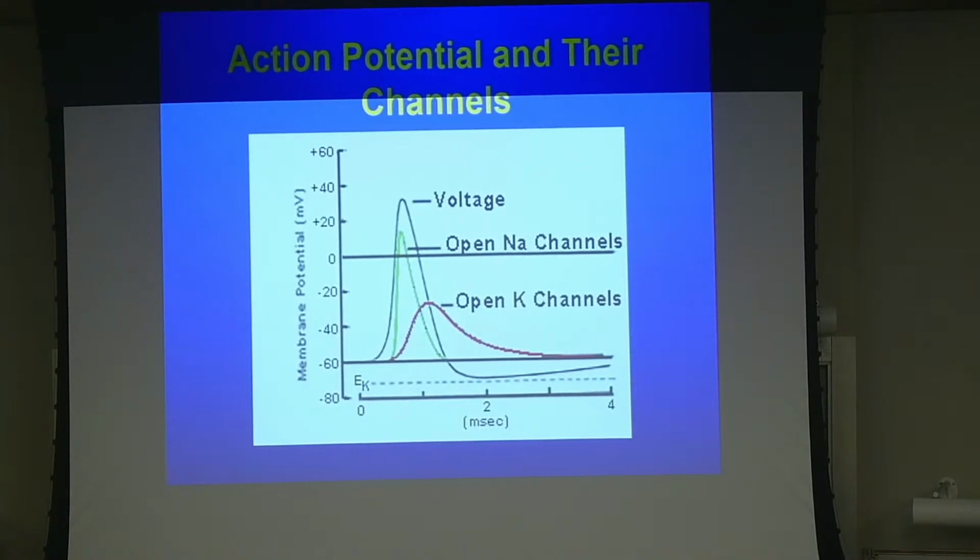Well, it's not quite true. And the reason it's not quite true is that all the time in these cells, these sodium channels are flickering open and closed. They don't stay open very long, and there are not very many of them, but they're flickering open and closed all the time. Well, if the sodium channels are flickering open and closed, what does that tell you about very slight changes in the permeability to sodium?